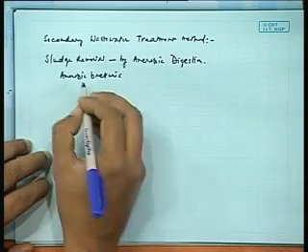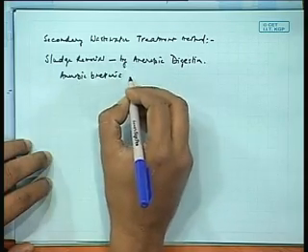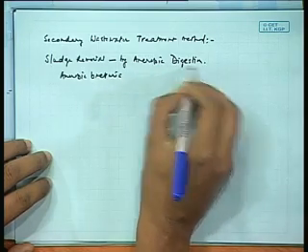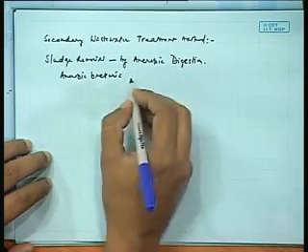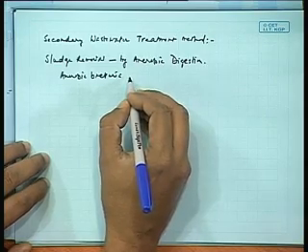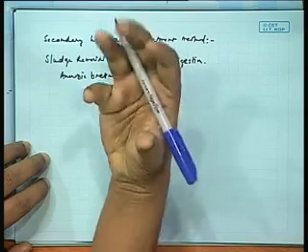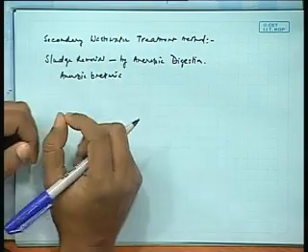Comparing to this, it is mostly the anaerobic bacteria which carry out the digestion. That means much of the material would be actually digested by these microbes, mostly the bacteria. These are anaerobic bacteria.